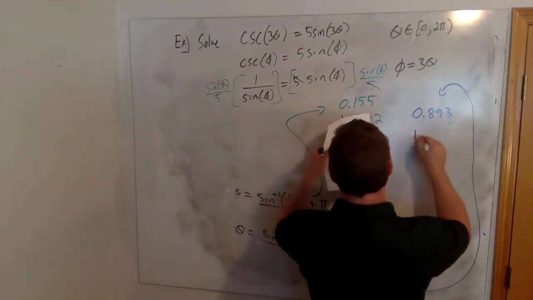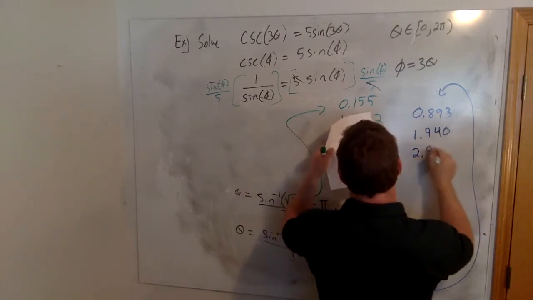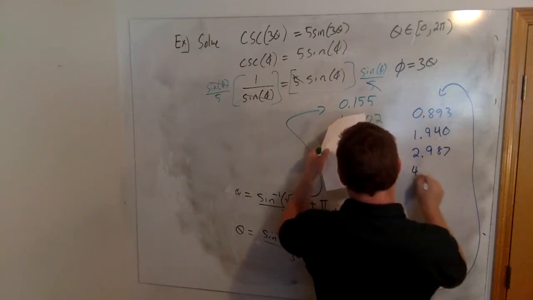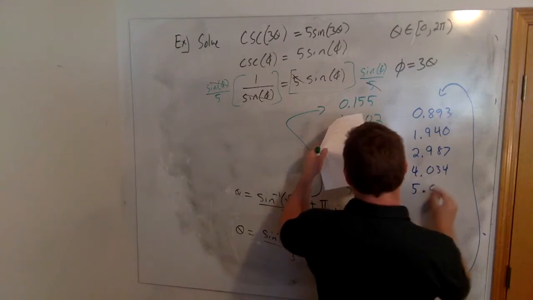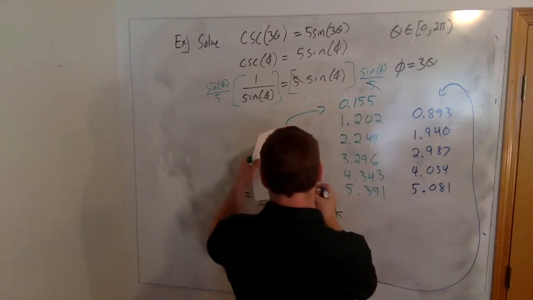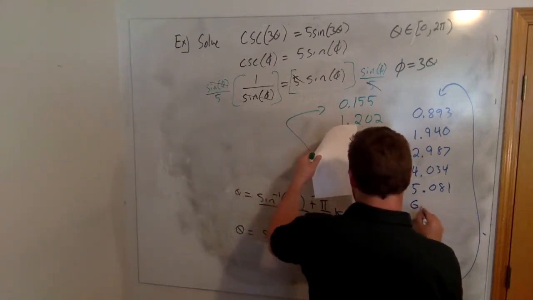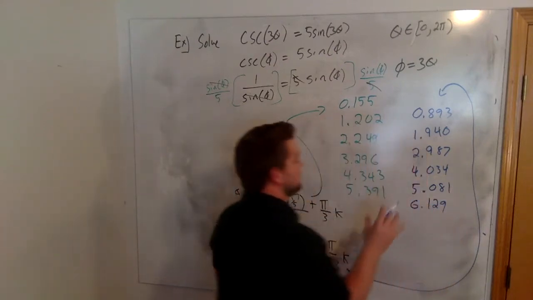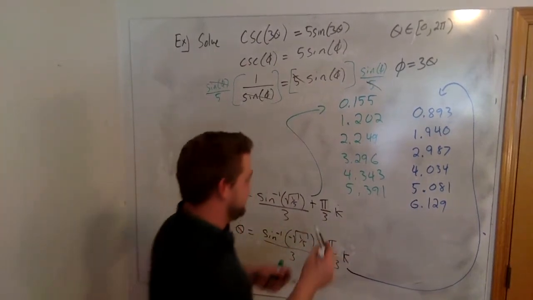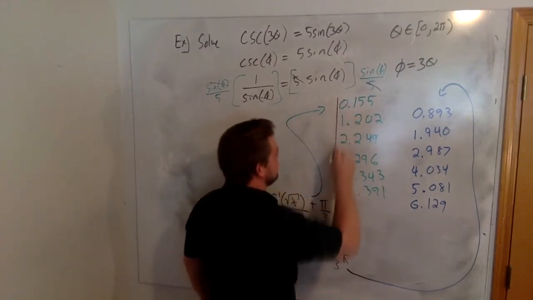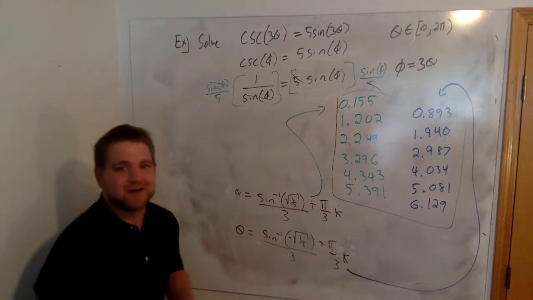So we'll get a 1.940, a 2.987, a 4.034, then we'll get a 5.081, and let's see, and we have a 6.129. If you added one more pi over 3, we'd be out of the interval from 0 to 2 pi. So here is this long list of the solutions to this equation between 0 and 2 pi.